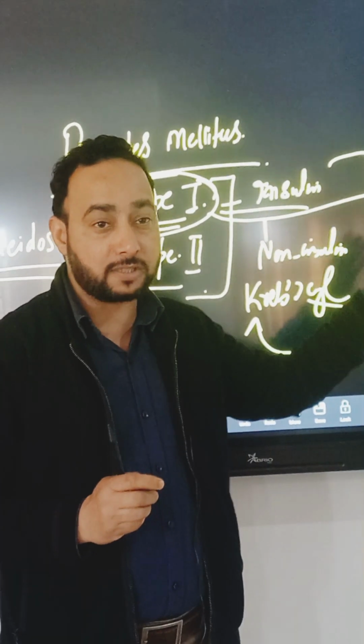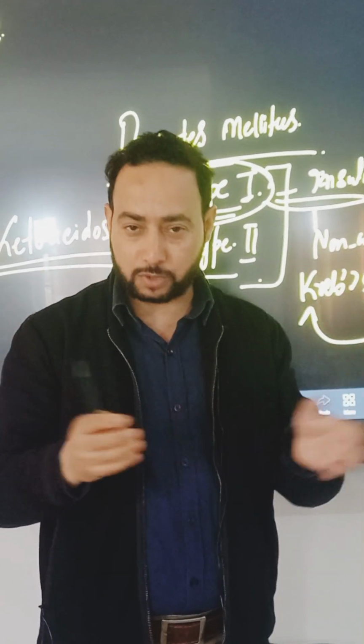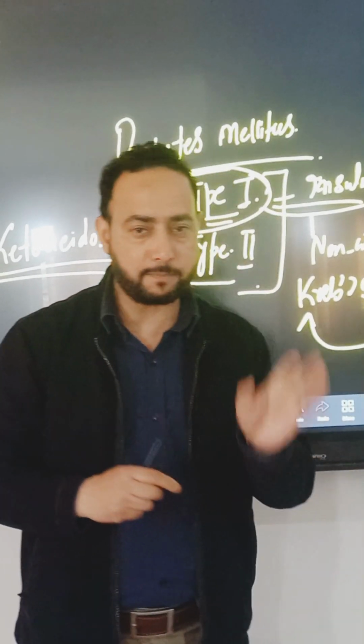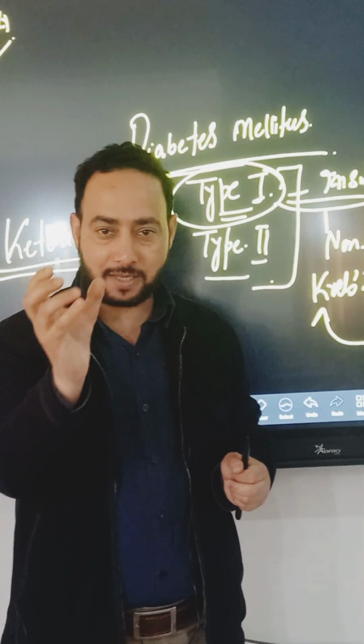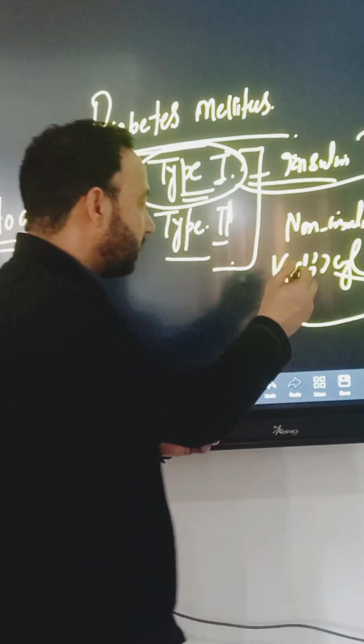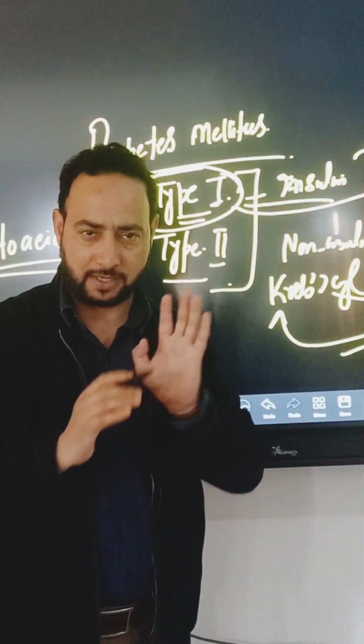The only focus is on lipolysis and protein breakdown. They will liberate a large amount of acetyl-CoA, which is to be utilized by the Krebs cycle. Simple. But the Krebs cycle has a limited capacity. Oxaloacetate is present in limited amounts. Now what will be going on here? Some acetyl-CoA will go into the Krebs cycle and that will give us the energy.